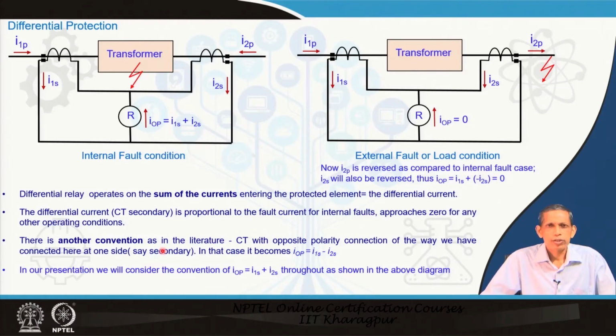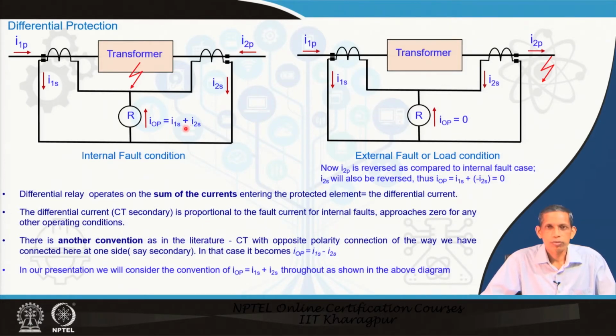Note, while studying the literature you will find that another convention is also used. If the CT polarity on one side is changed, then the sign convention which we have used, I1s plus I2s, becomes I1s minus I2s. That is the only difference.